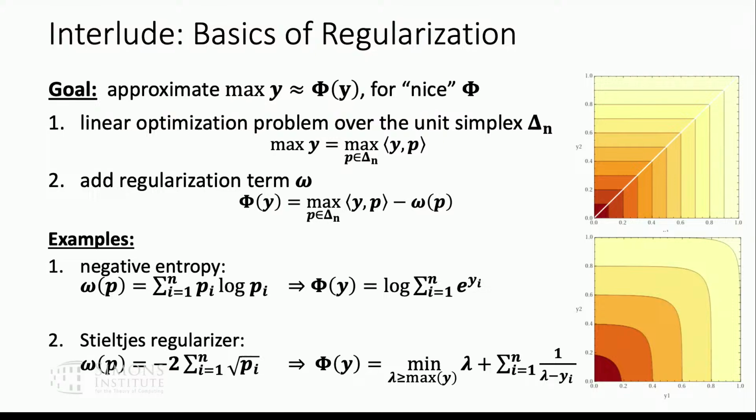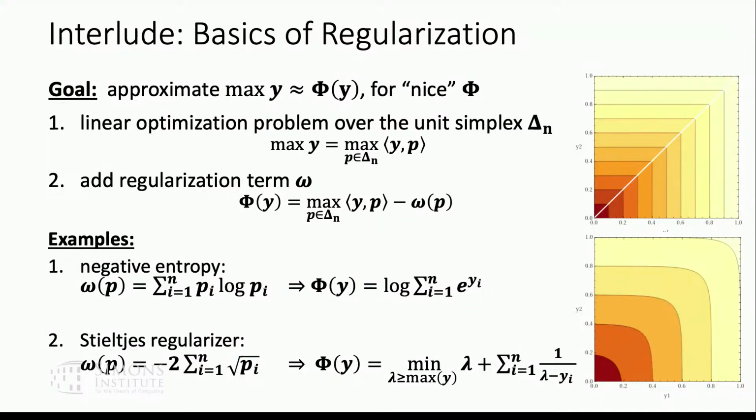It's basically going to be the result of a scalar minimization problem where the scalar here, lambda, achieves a trade-off between 2 terms. On the one hand, I want this lambda to be larger than the maximum value of y. But of course, I don't want it to be too large, because if it's too large, then this term is going to contribute a lot.